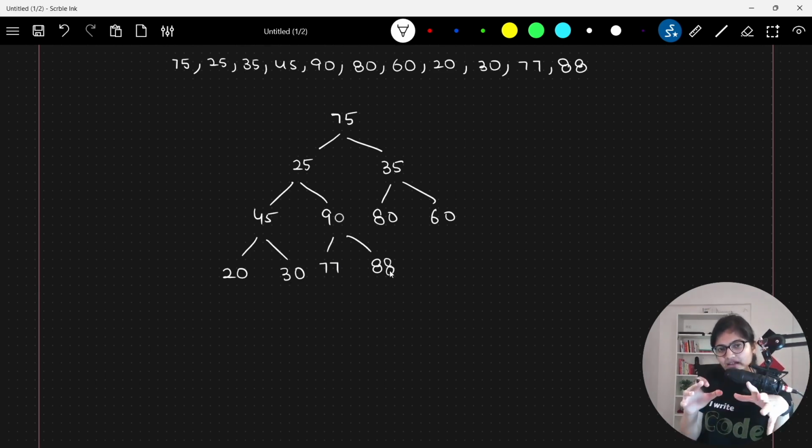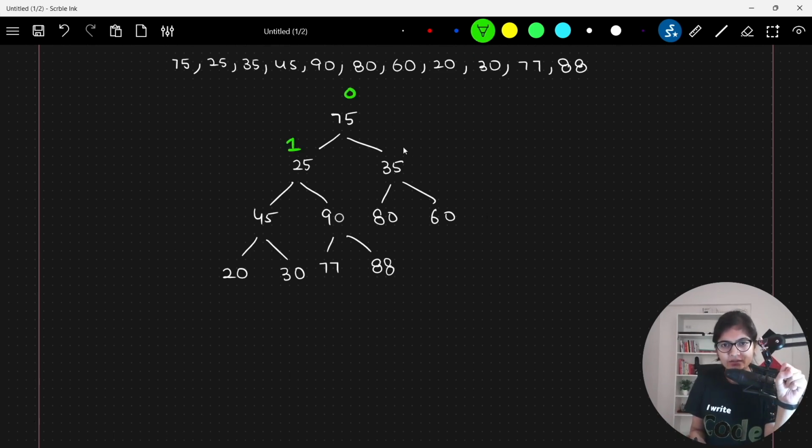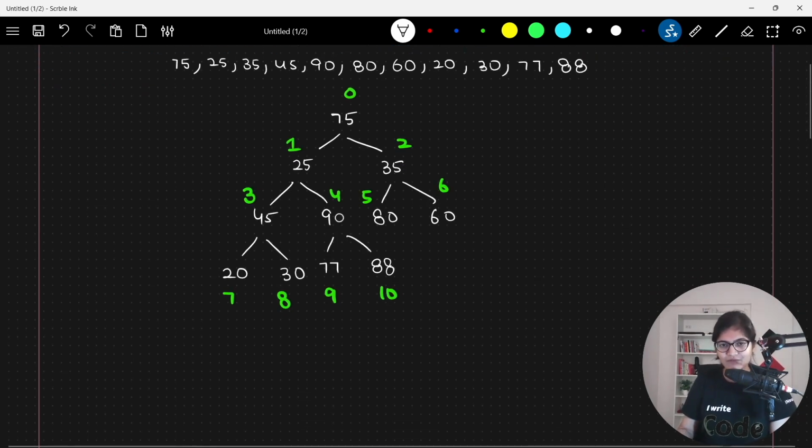So these are the nodes that we have inside a tree. What's the index of the same? So 0, 1, 2, 3, 4, 5, 6, 7, 8, 9 and 10. So this is the general tree that we have with its indexing, right?